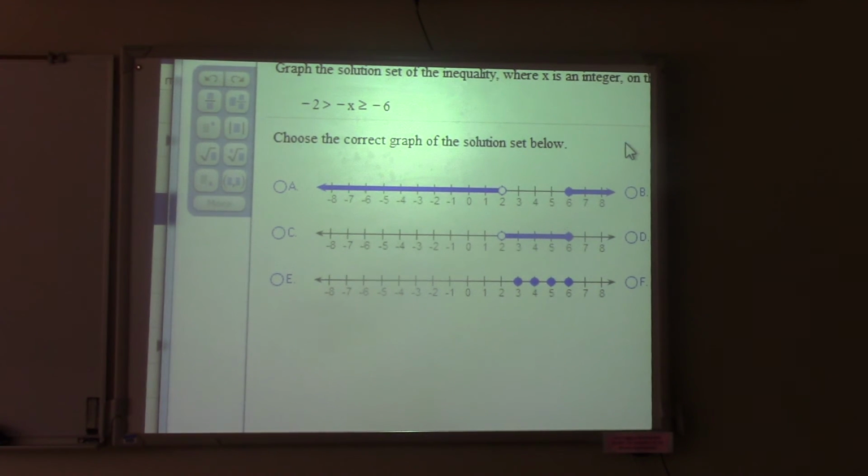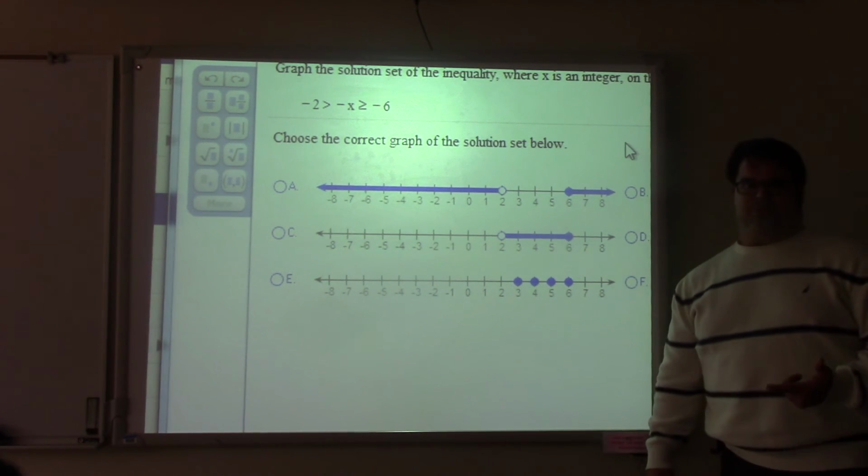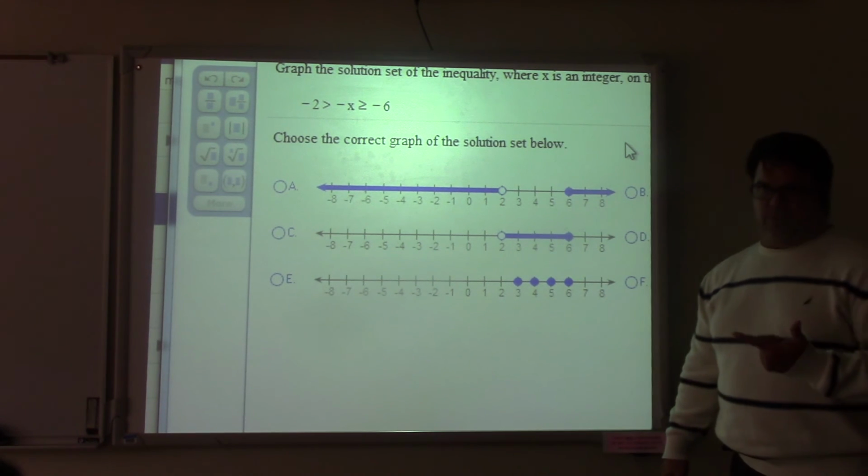If you notice, what do you notice about this problem? The variable is where? In the middle. So you really can't move it. It has to stay in the middle for your solution set. So the only thing to do here is divide through by -1. And if you do it on one side, you have to do it on all sides. But there's another rule that you have to remember when you have a negative variable.